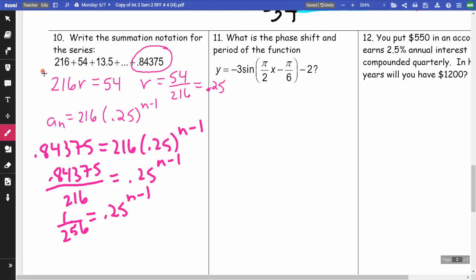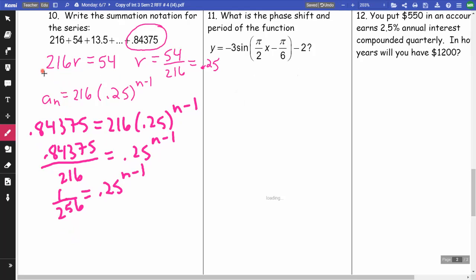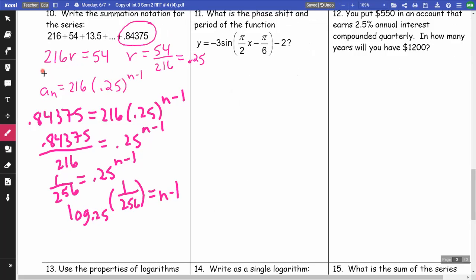Then I am going to use logarithms. I'm going to rewrite it in logarithmic form. So I'm going to go log base 0.25 of 1 over 256 is equal to n minus 1. I will put that in my calculator.